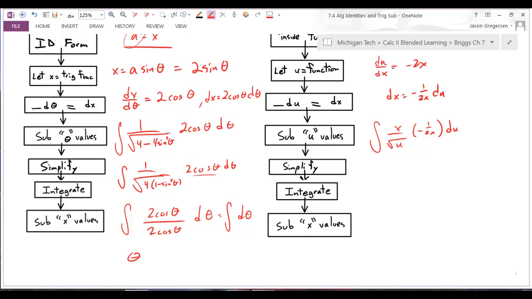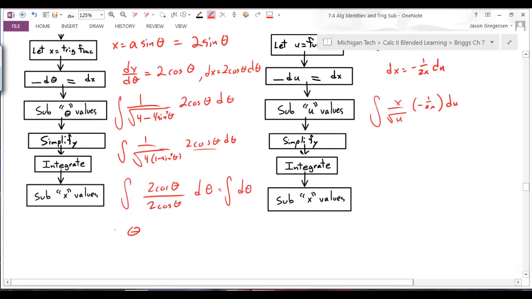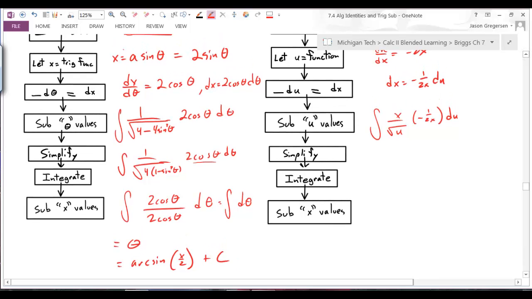I divide by 2 to get x over 2 equals sine theta. Then to solve for theta, I take the arc sine of both sides. So my solution is the arc sine of x over 2, and of course, plus a constant. To find what theta is equal to, I'm using x equals 2 sine theta, the relationship between x and theta, and solving it for theta.